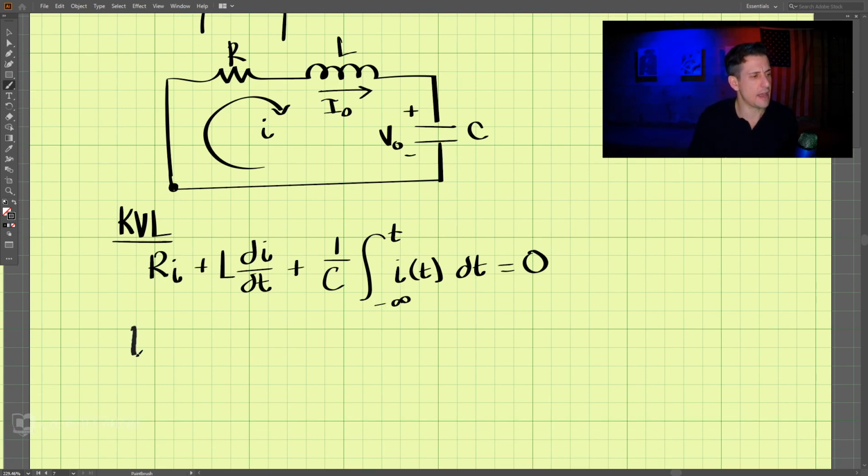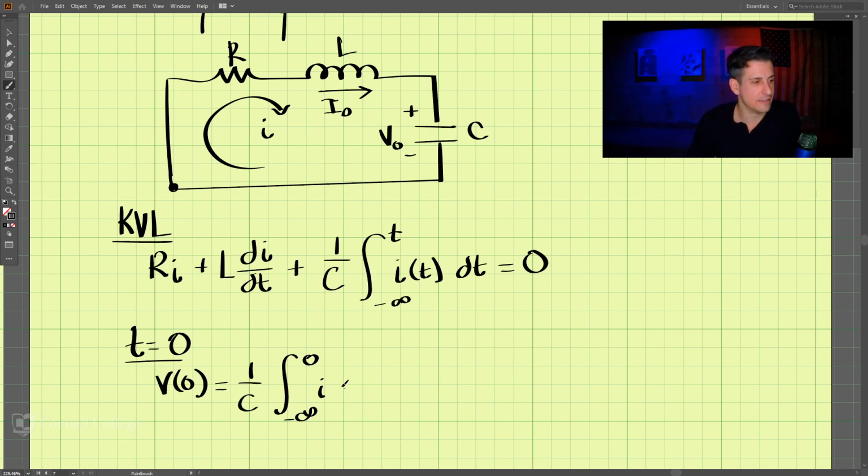So let's examine at t equals 0. At t equals 0, we have the voltage across the capacitor here, right? The voltage at time 0 is equal to 1 over C, the integral from negative infinity to 0, I dt.